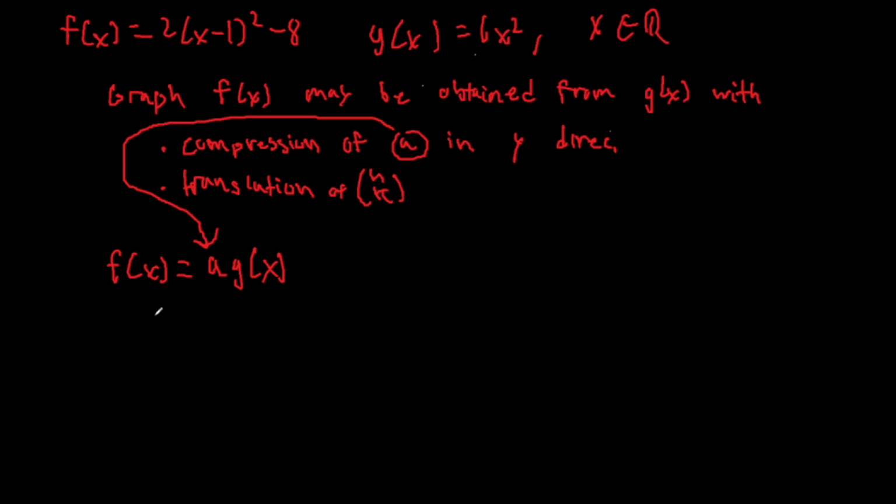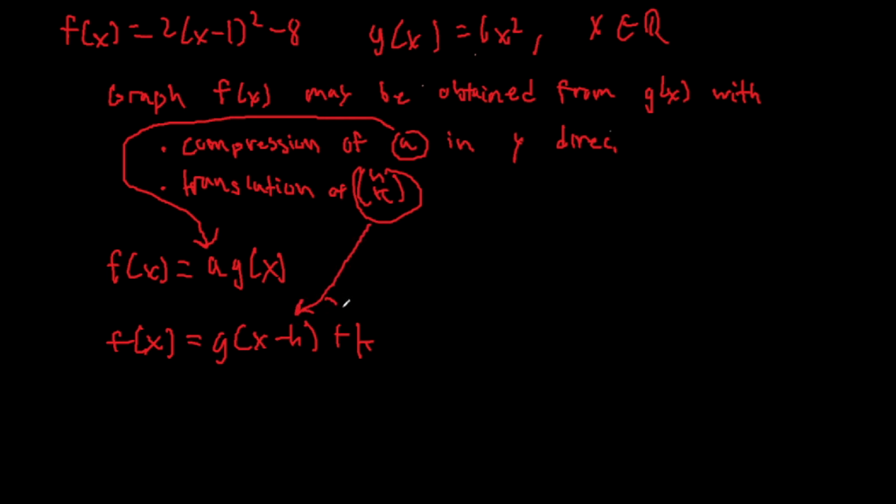Now for the translation, we have f of x equals, and what we're gonna do is we're gonna have g of x minus h, plus k. As you know from the vertex form, the h is minus because it's inside the parentheses, and this is obtained from here.